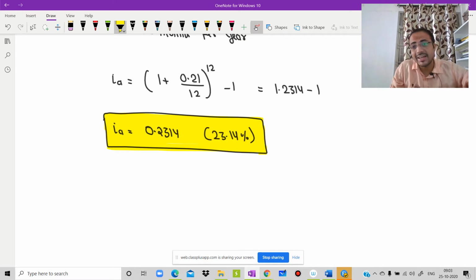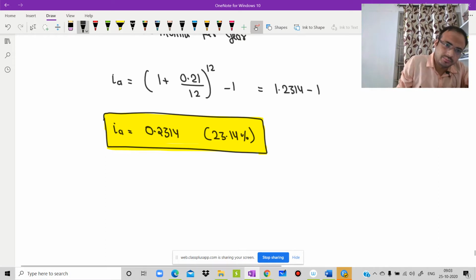Okay, this one I calculated annual. Sometimes if you want to calculate semi-annual, just for your sake of knowledge, one more point.